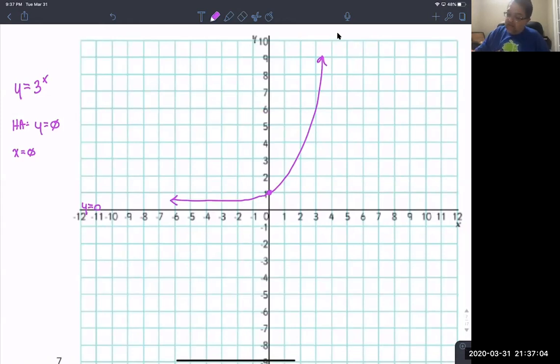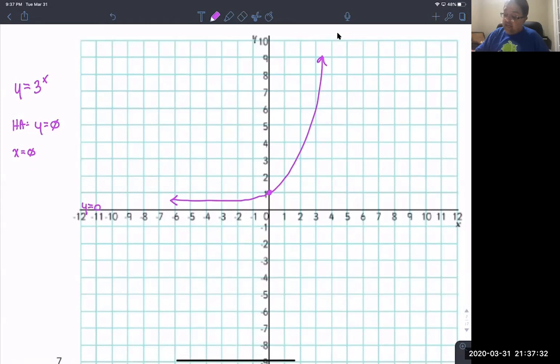Y equals 3 to the negative x. Remember, how do I make my negative exponent positive? I can take the reciprocal of the base. So for 3 to the negative x, same characteristics: the y-intercept and the transition point are the same at (0, 1), so it's the same as the previous graph. I'm going to do this in blue.